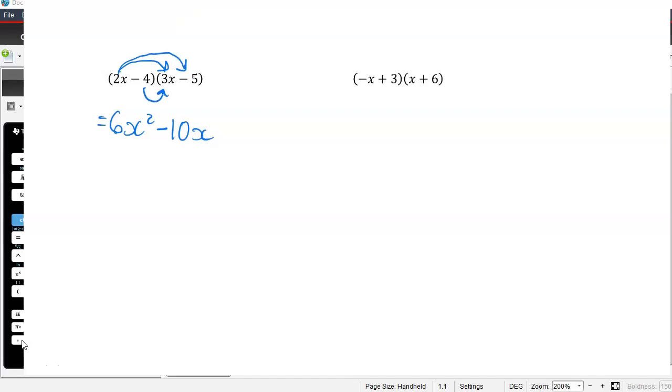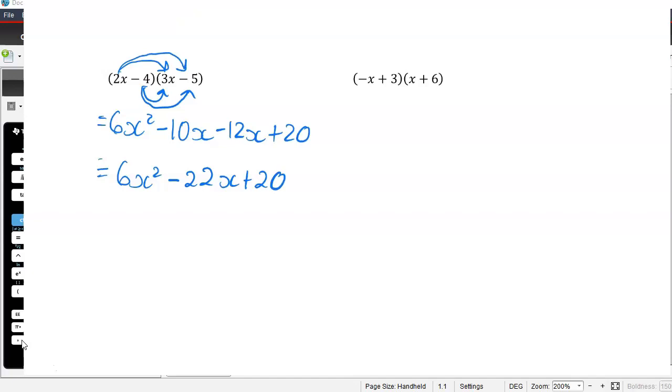Negative 4 times by 3x, so negative 4 times by 3 is negative 12x, and negative 4 times by negative 5 becomes positive 20. Then we look for any like terms, and we can see some there. So that's 6x squared. Negative 10x minus 12x is negative 22x plus 20.